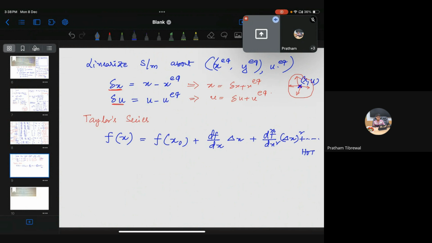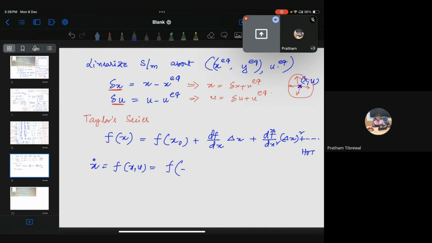Yes or no? Let's say in our case, how can we write it? We could write x dot as f of x comma u. How could I write that in the Taylor series?